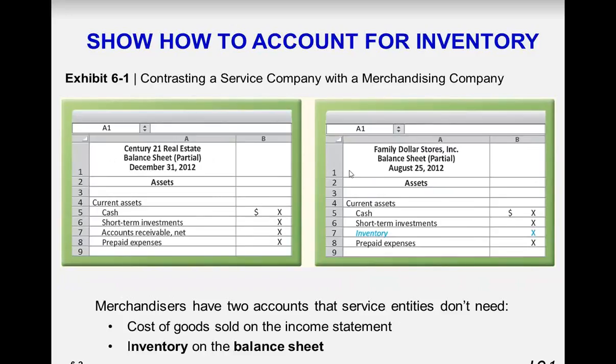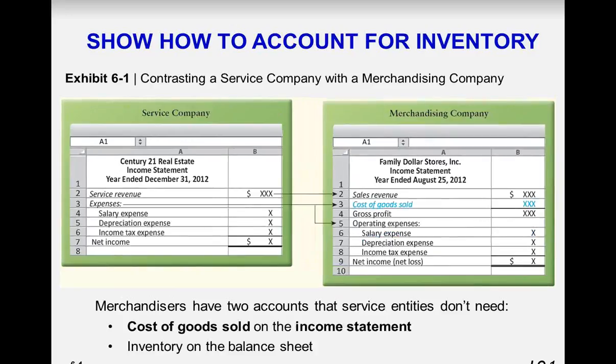Okay, so how would we account for inventory? The first thing that we need to think about just quickly is how in the beginning parts of the chapter, we were talking about service companies.